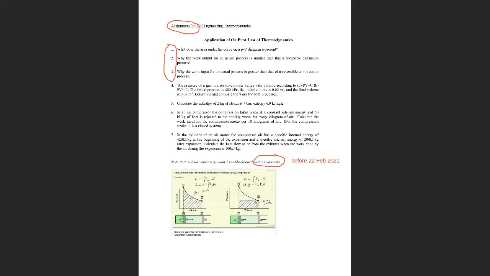Okay, and also, because we know the compression and expansion process follows a polytropic process, we try to understand how it varies for different values of n, not only in the final results, but also on the pressure-volume diagram, so we can indicate the difference.